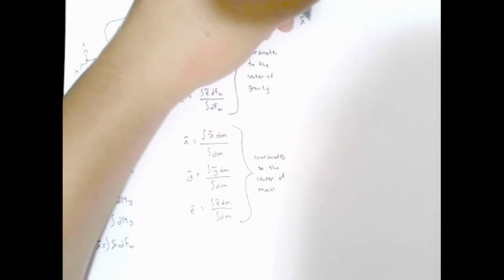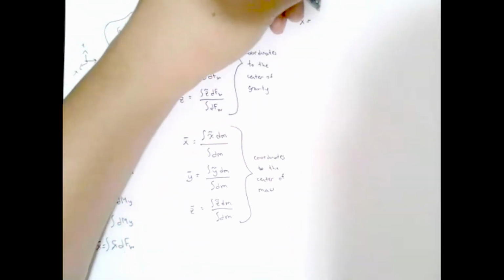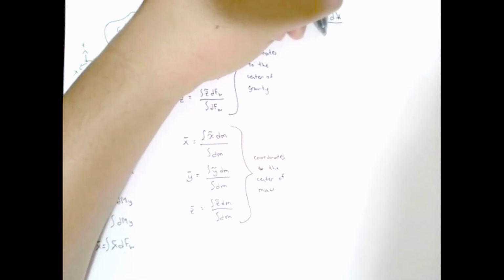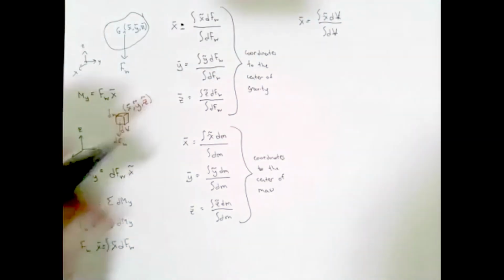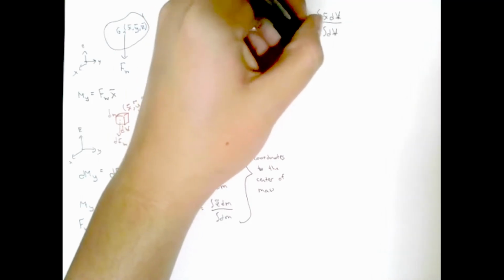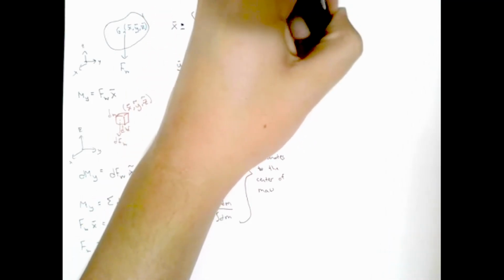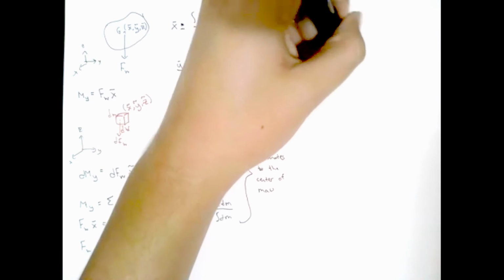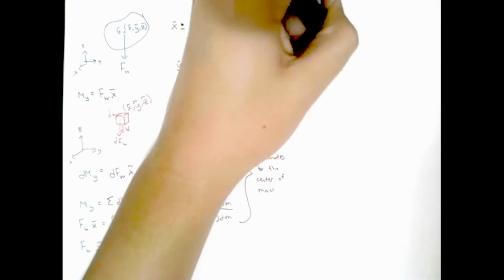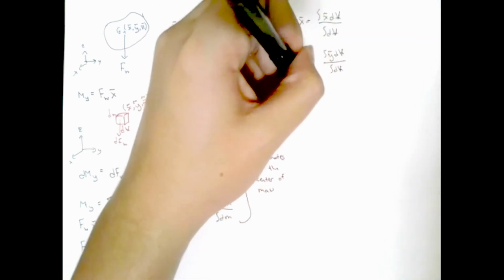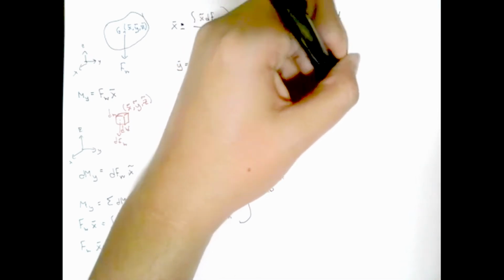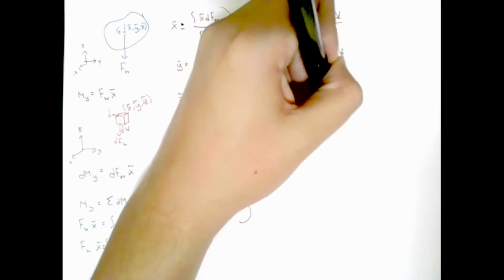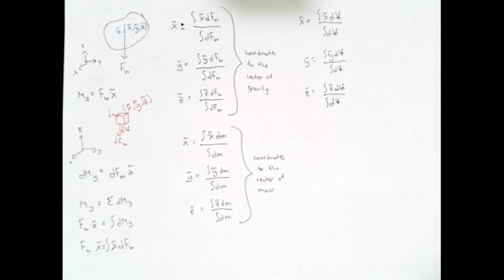So my x coordinates would essentially be the same integral, but evaluated over the volume instead of the mass or the weight. Likewise, my y coordinates would be the same equation, evaluated over the volume. My z coordinate would be the same equation, evaluated over the volume.